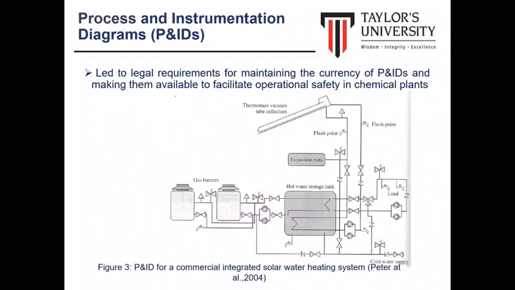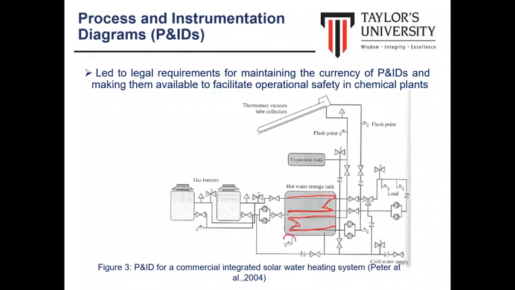Okay, this is an example of a process and instrumentation diagram for a commercial integrated solar water heating system. From this P&ID, we can understand the location of the equipment. For example, here we have a water storage tank which consists of the heating system.